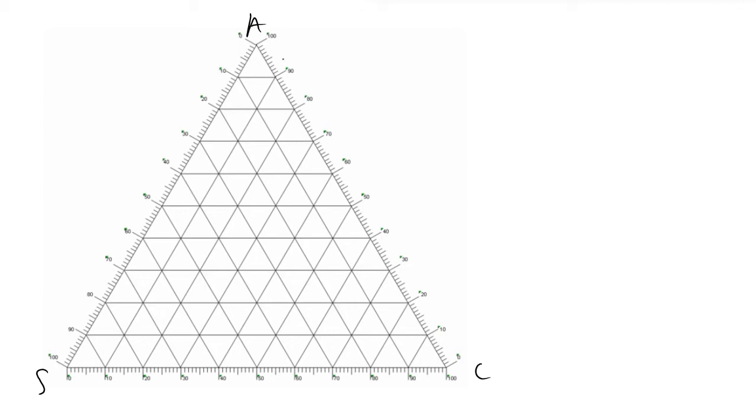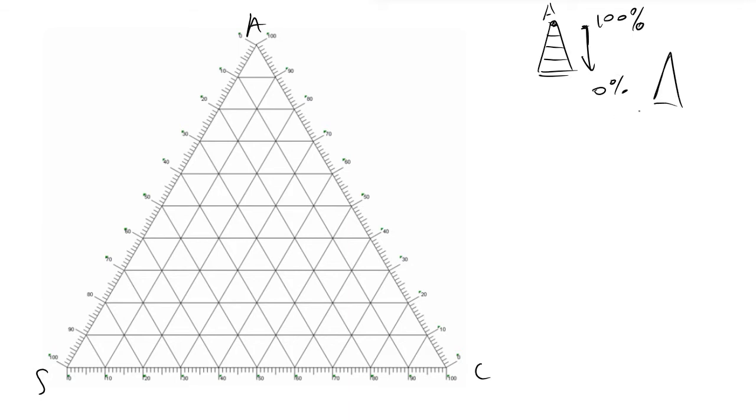Examining this, as we travel down our equilateral triangle, regardless of whatever value to the left or right we have, we approach 0 weight percent A, and at the top vertex at this point here, we have 100% A. The same can be said of the other vertices.